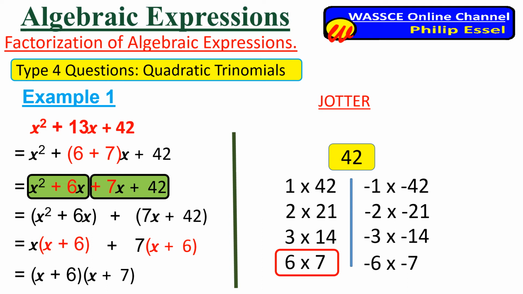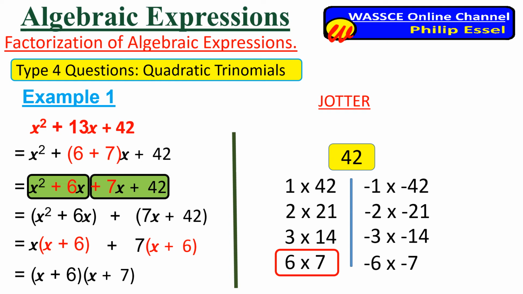So our final answer after factorizing the expression given to us is all into bracket x plus 6 bracket closed multiplied by all into bracket x plus 7 bracket closed. And guys, you realize that when you multiply these two together, you get the initial problem presented to us. You can try that then see.